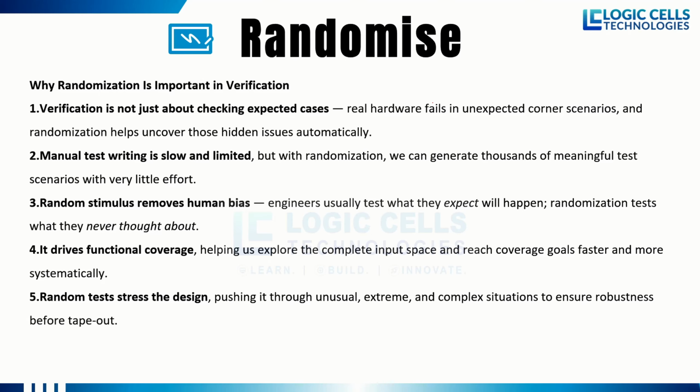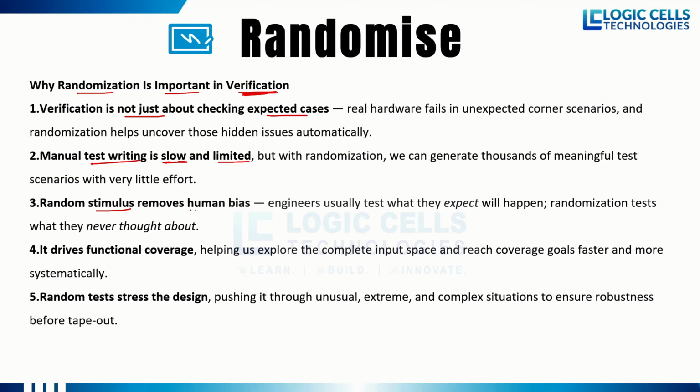Okay. So now the question is why this randomization is so important in verification. Is it so important to use randomization? Yes. Already we have seen some cases. Verification is not just about checking expected cases. Manual test writing is very slow. We can't cover all the possible values and it is limited.